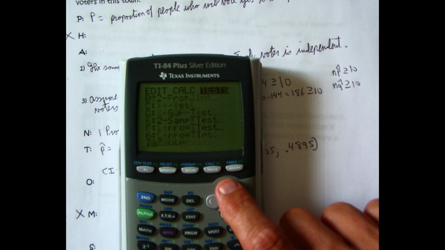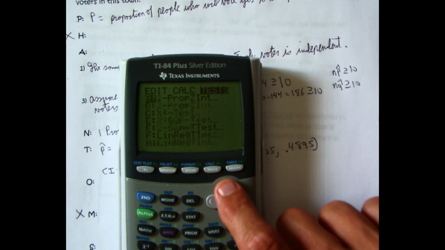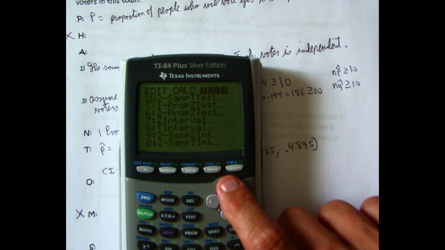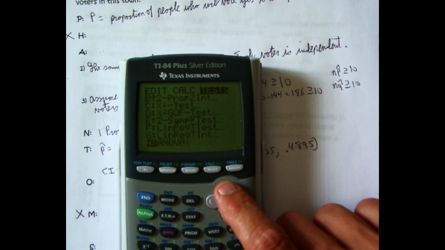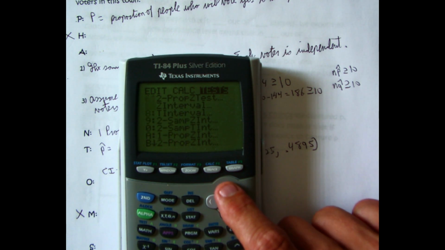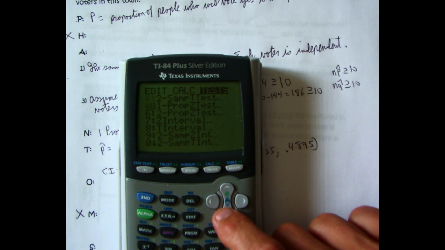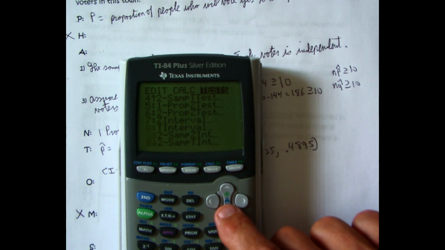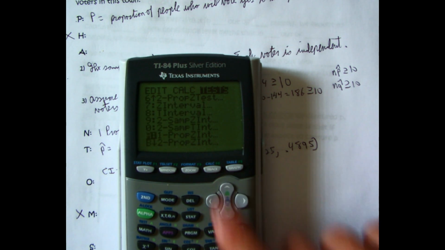Okay, and you're going to go to 1-PropZInt. Now you see this one here where it says Z interval, don't go to that one. 1-PropZInt. There it is.